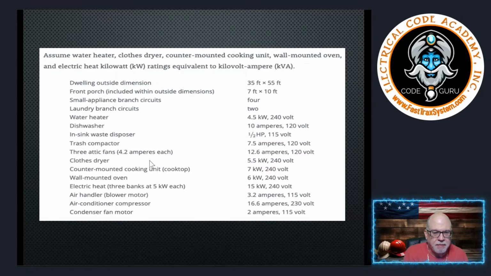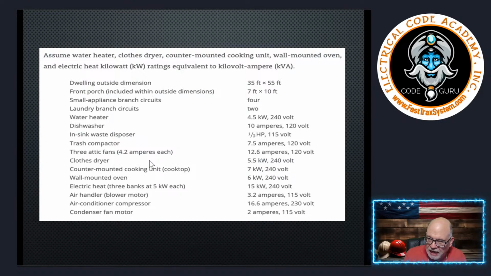We know the outside dimensions of the dwelling, which is 35 by 55 foot. So it looks to me like a rancher. We do know that there is a front porch that is 7 feet by 10 feet. Okay, so we know that's not going to be included in our square footage, but we have to see how we do that.